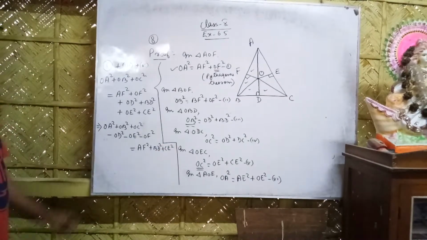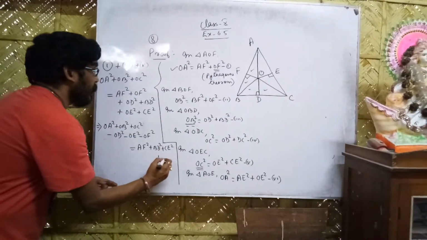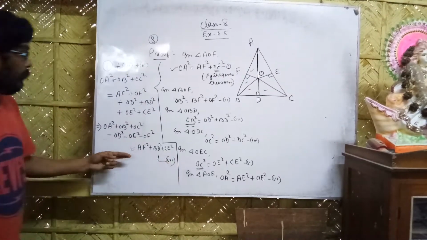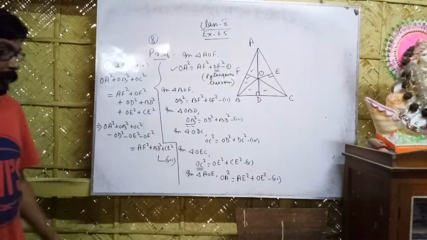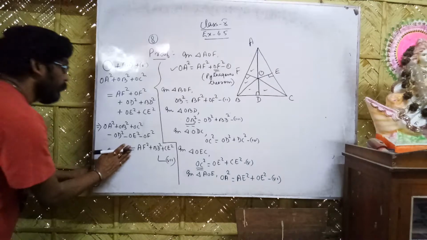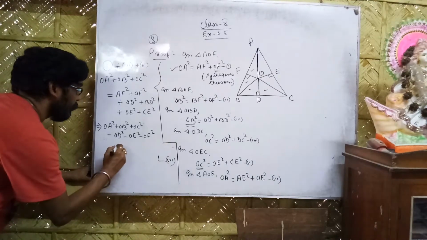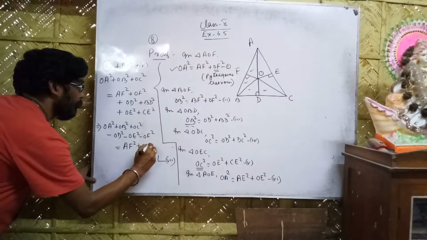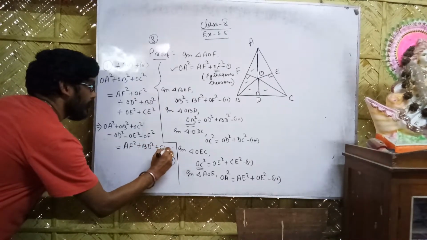So this is the proof of Roman 1, and number it as 7, because the next sum will start from here only. Copy it: AF square plus BD square plus CE square.